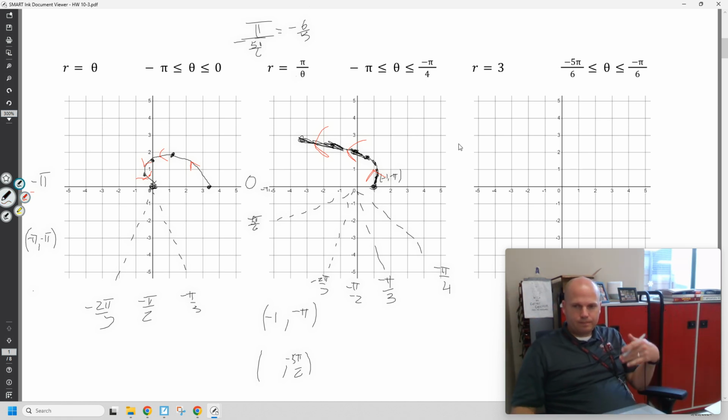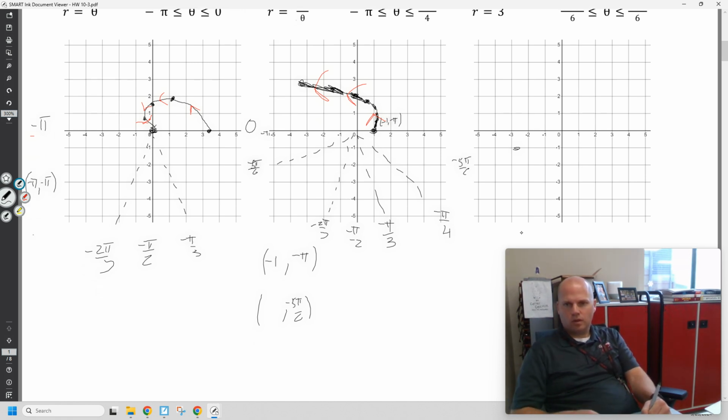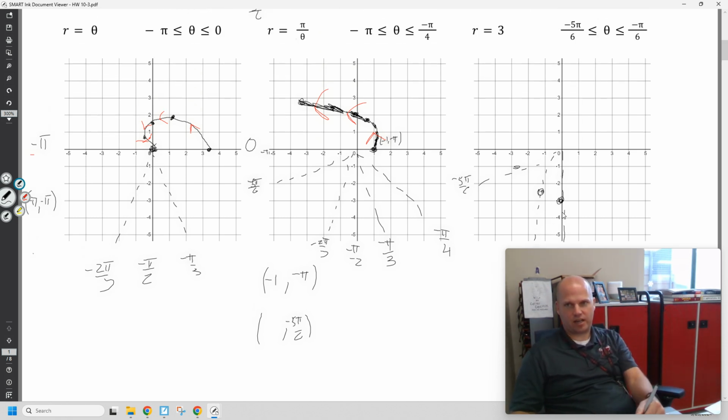This is a trick. I designed this just because, remember, positive radiuses. Negative 5 pi over 6 over here, radius of 3, there. Negative 2 pi over 3, the radius is 3. We're going towards that terminal ray. The angle of negative pi over 2, the radius of positive 3, going in that direction.